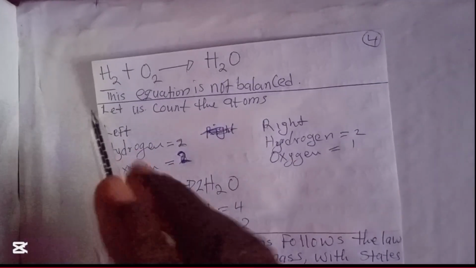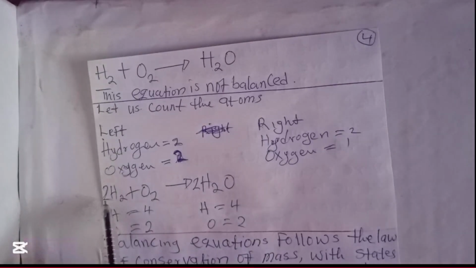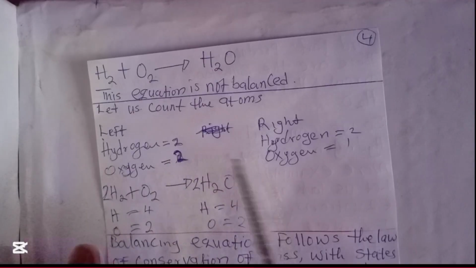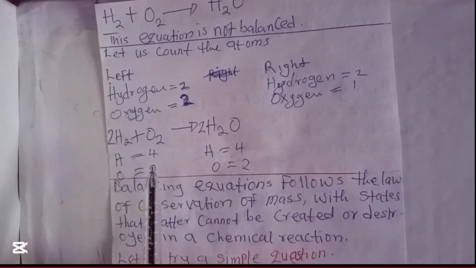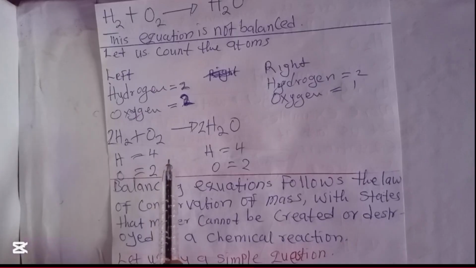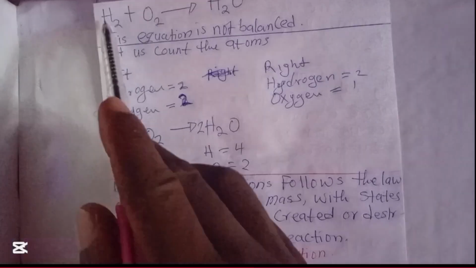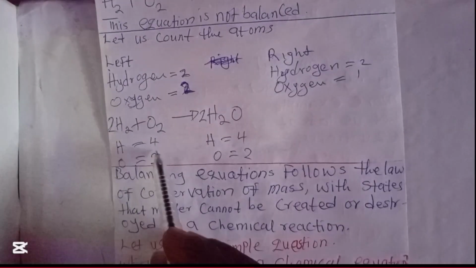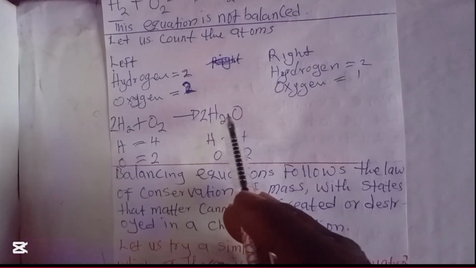Now coming to this equation, if we add 2 here, we now have 2H2 plus O2 on our left hand side. We have 4 hydrogen and oxygen becomes 2. Then let's take our right hand side.